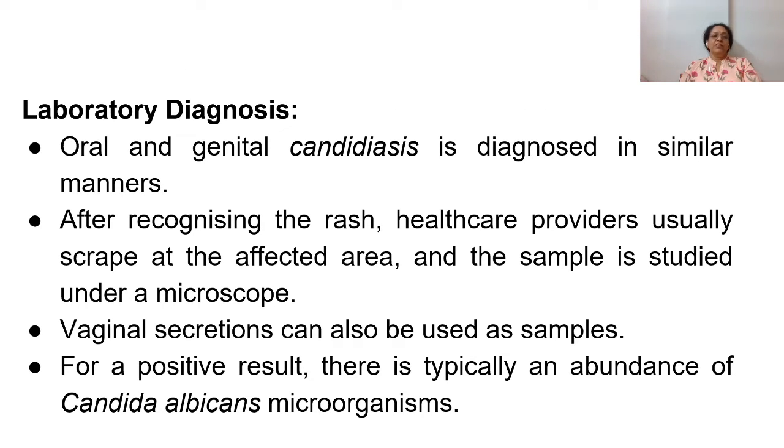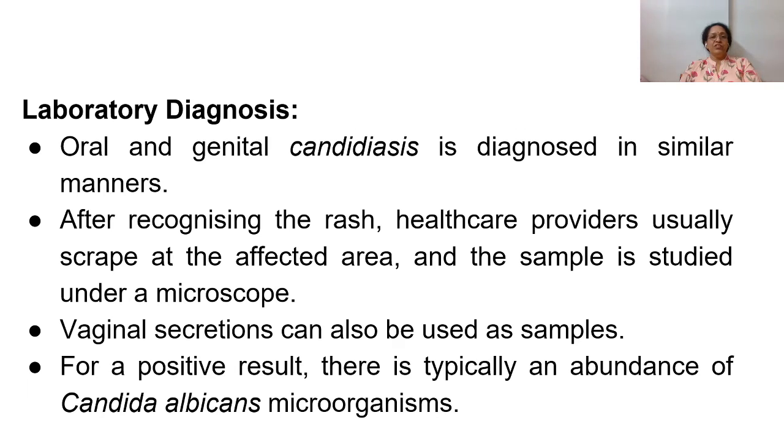One can use it. So oral and genital candidiasis is diagnosed in a similar manner, that is first after culturing and then by carrying out tests like the germ tube test and formation of chlamydospores and blastospores, by using various media.